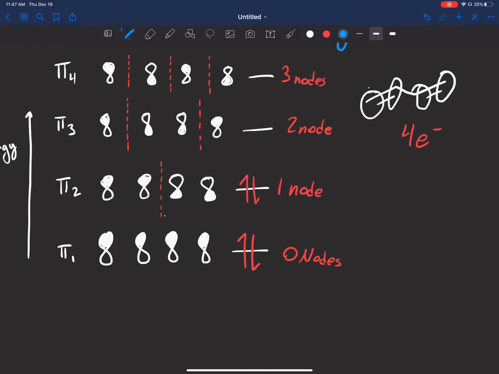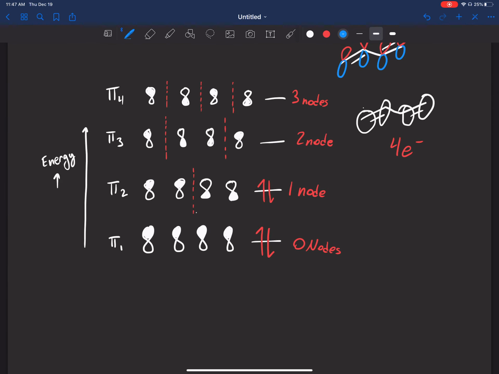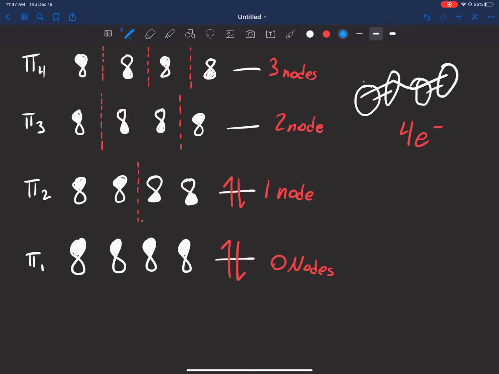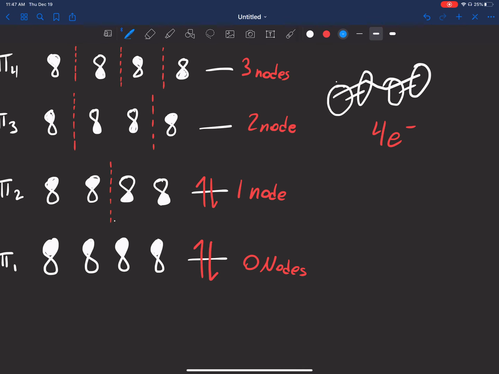And so now, before we end the video, I'm just going to mention one other point. The highest orbital that has electrons is called the highest occupied molecular orbital. And what we do is we just shorten this name by writing HOMO. So highest occupied molecular orbital.